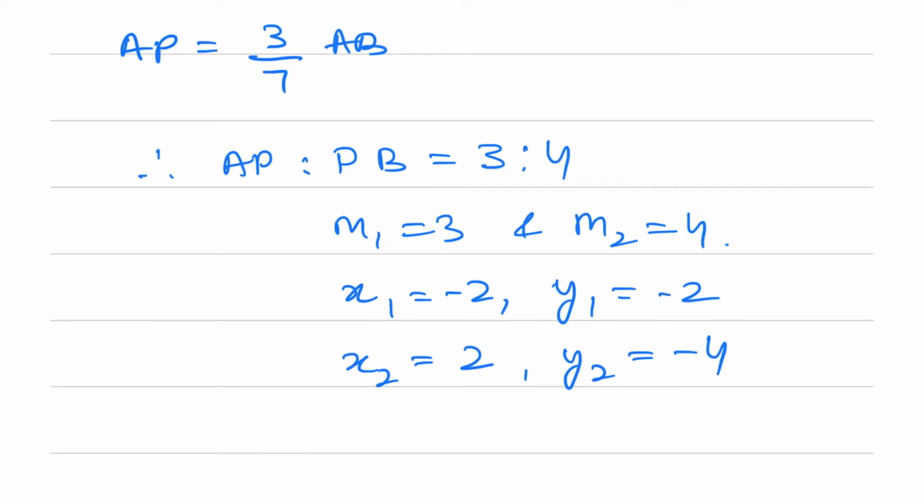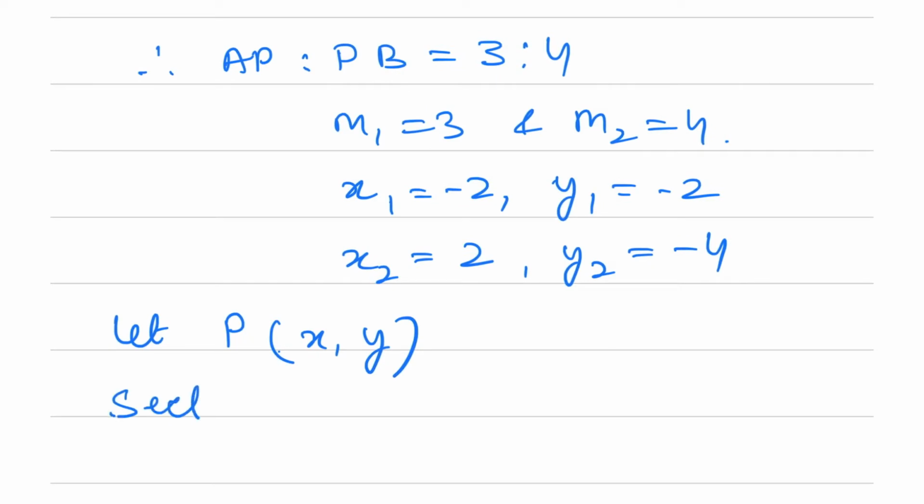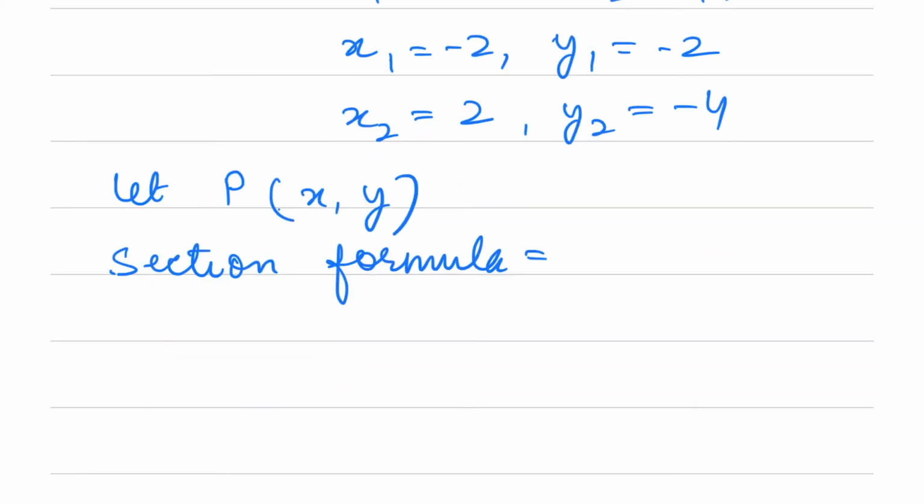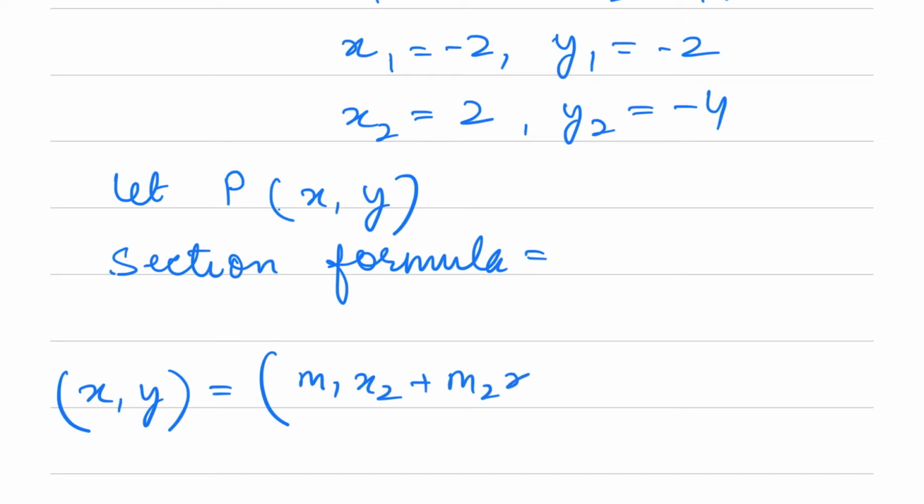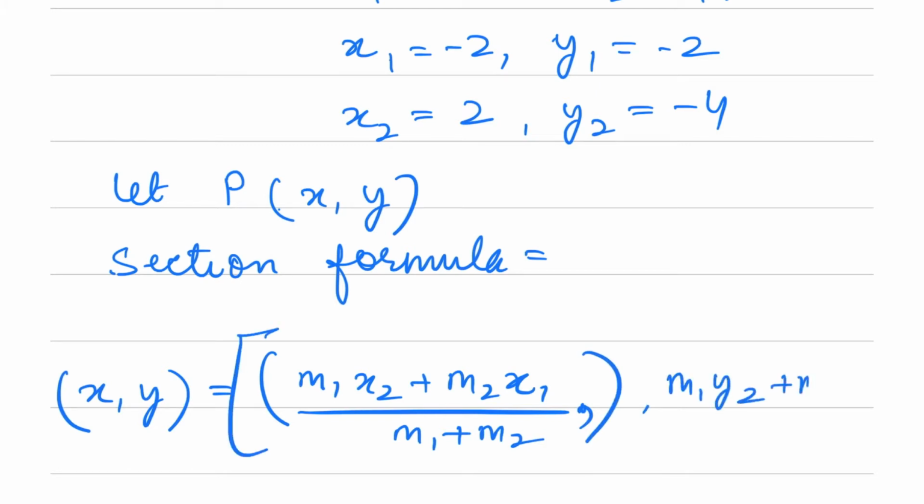And we have to find the coordinates of P. So let the coordinates of P be X and Y. And we have to use the section formula, so the coordinates X and Y will be equal to M1 X2 plus M2 X1 divided by M1 plus M2, and Y would be equal to M1 Y2 plus M2 Y1 divided by M1 plus M2.